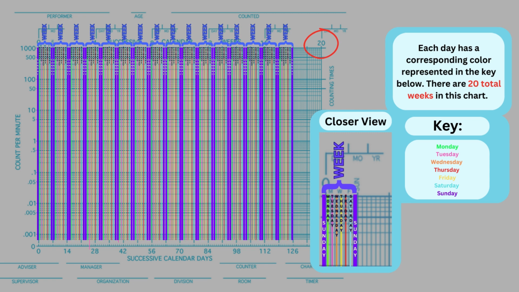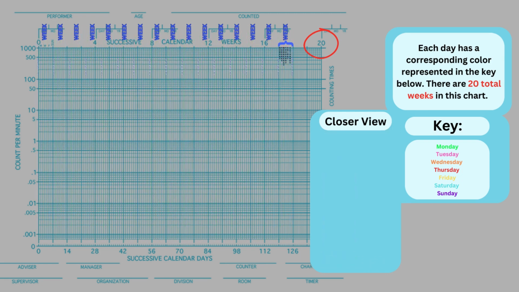At the top, if you're looking at a graph on your own and need to orient yourself, you can see Monday, Wednesday, Friday, and orient yourself with the lines. Each day has a corresponding color, and there are 20 total weeks in this chart. So this is weeks, up here is 20. Remember, we have 140 days down here.